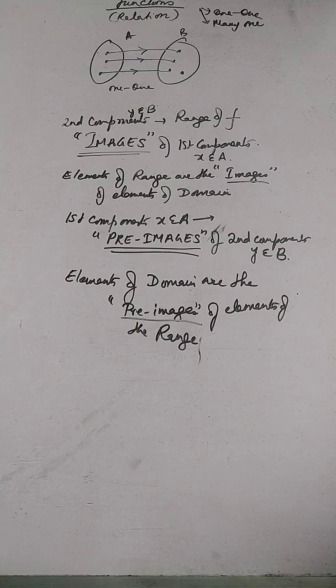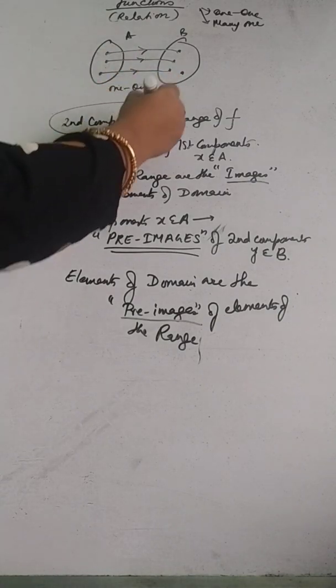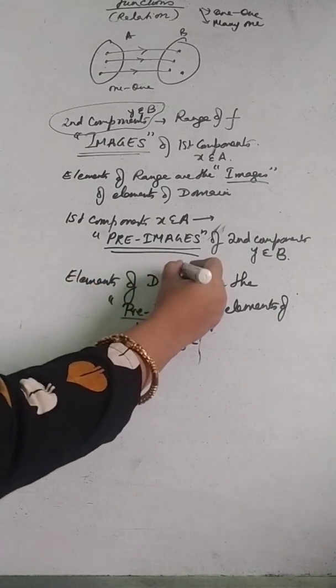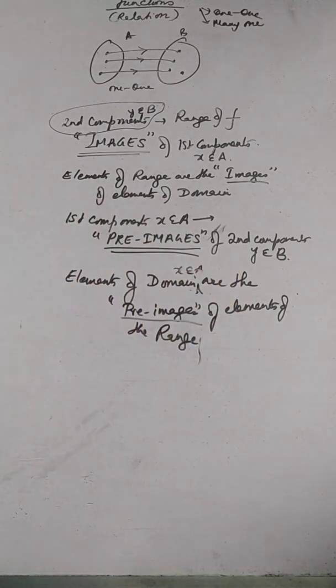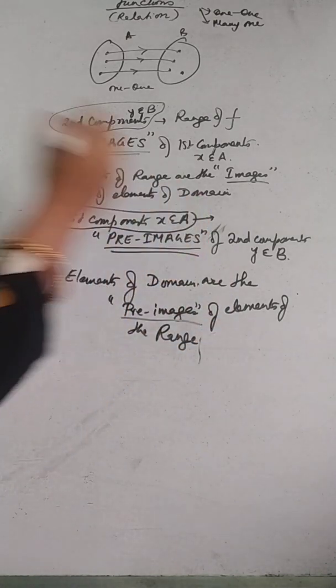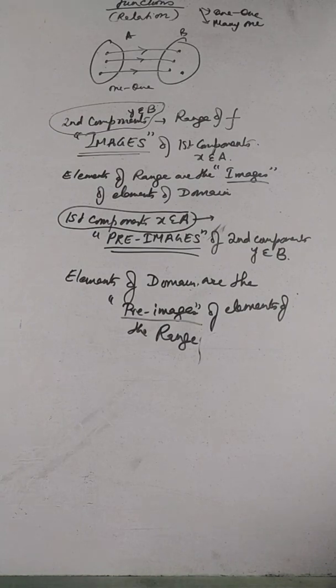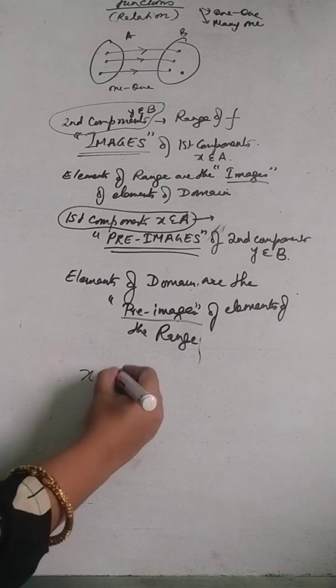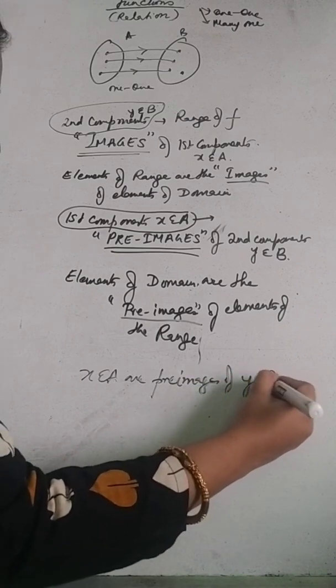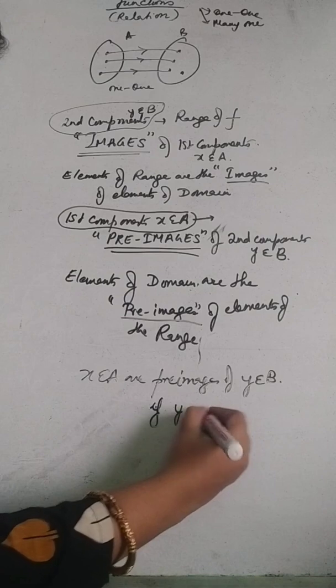So images are basically the values of y, which are obtained from the given values of x, and pre-images are the values of x such that elements of domain x belonging to A. Okay, first components are said to be the pre-images of A. In other words, x belonging to A are pre-images of y belonging to B if y is a function of x.